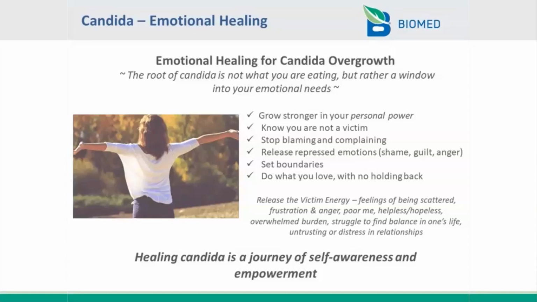So, from releasing the victim energy in a Candida picture, ask your patients about frustration, feelings of helplessness, overburden, struggle to find balance in oneself, being untrusting, and distress in their relationships.